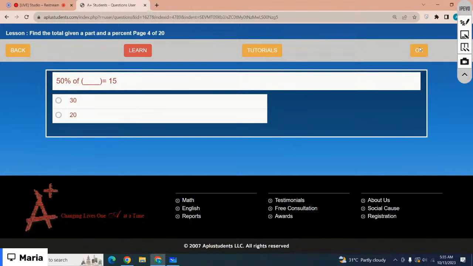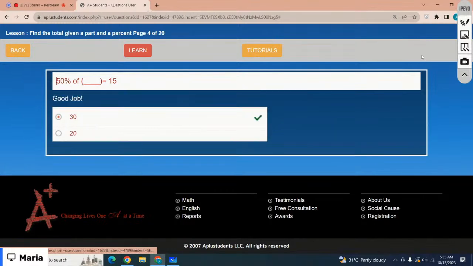Yes, 50% of 30 is 15, right? The correct option is 30. You can even form a proportion and solve the question, like we are already doing.